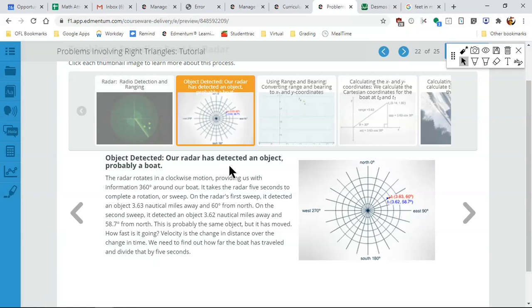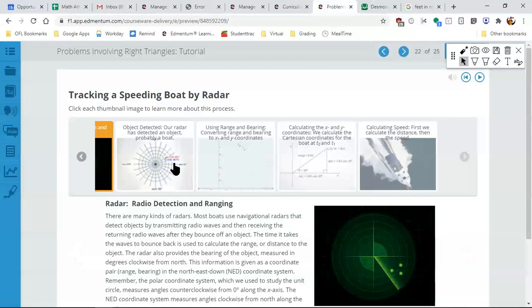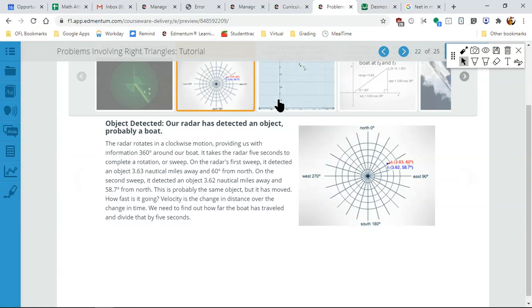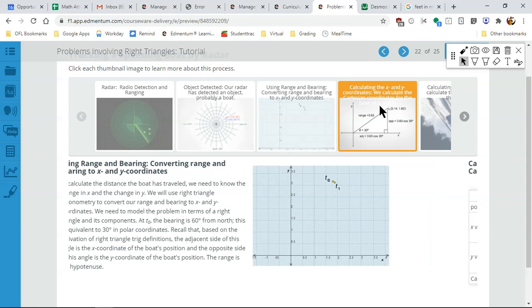The radar has detected a boat, so it's going through the scenario. It does the radar, and then it figures out the degrees, and it figures out how far that is. Within this, it figured out how many nautical miles it is using range and bearings. So you can convert this into X and Y axes.